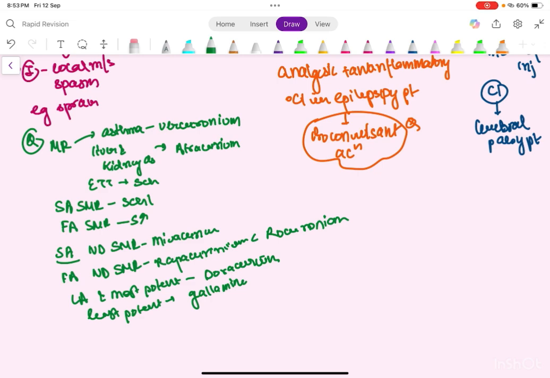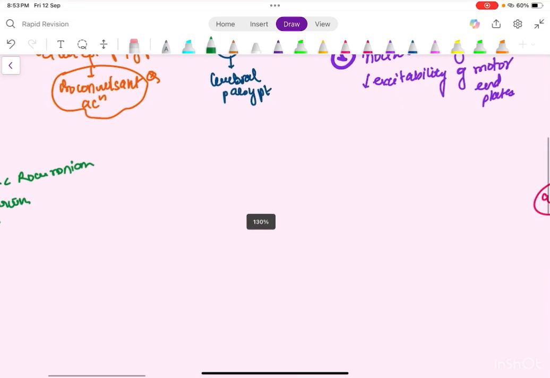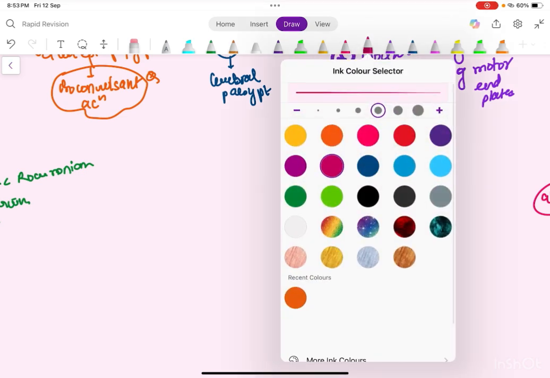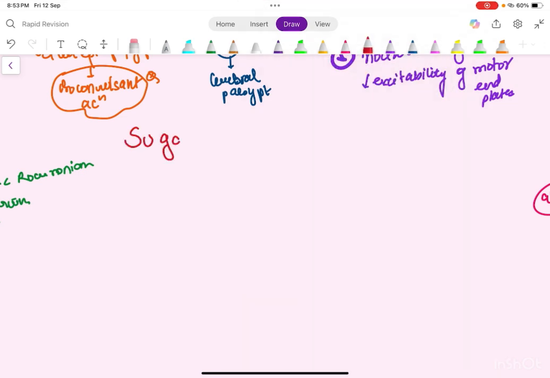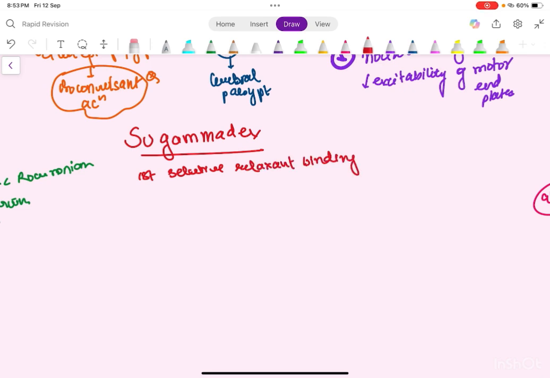Alright, then there's one thing that you need to know about, which is the highlight of this particular lecture. So that is sugammadex. Now this is the first selective relaxant binding agent. Basically it is a modified gamma cyclodextrin.